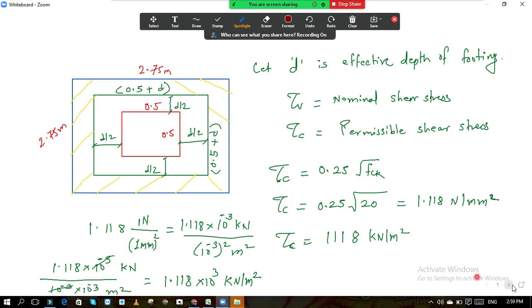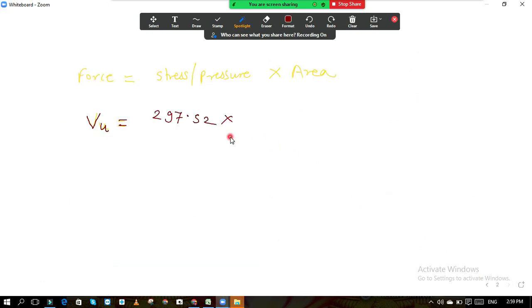So Vu is equal to, this is your soil pressure into area.